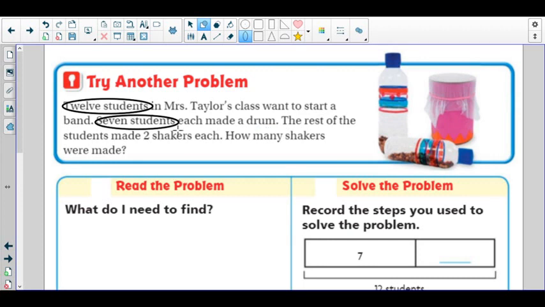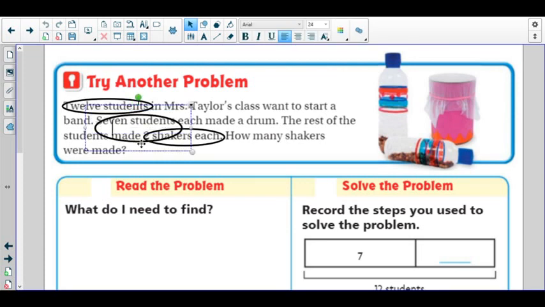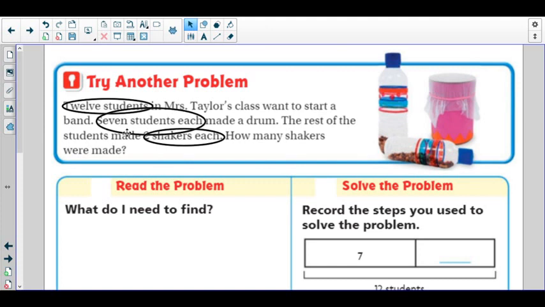The rest of the students make 2 shakers each. All right, and I guess we need to make sure we include the each right here. The rest of the students make 2 shakers each. How many shakers were made?